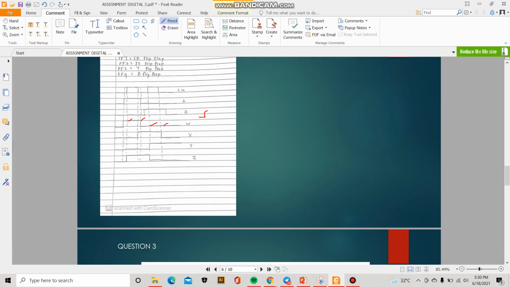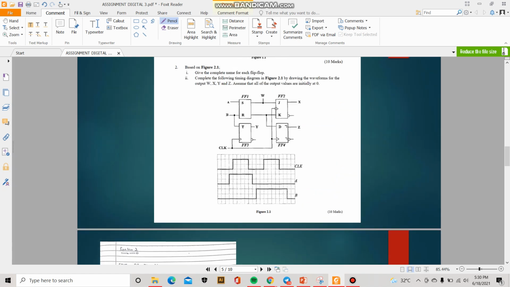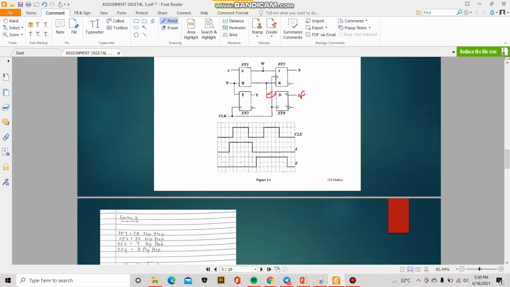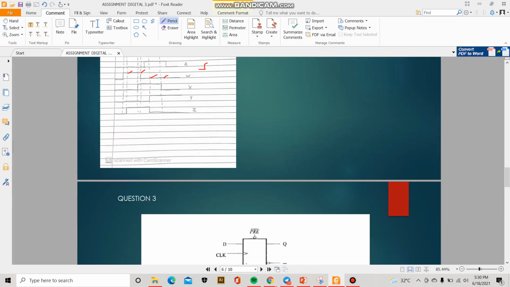Okay, the third is a toggle flip-flop, so we just toggle the output from the A and B. And then the D flip-flop, the output must be the same as the input, so we get the output is the same. When 0 enters, the output will be 0. When 1 enters, 1 will be the output. The flip-flop toggles 1 0. Okay, this is the output.